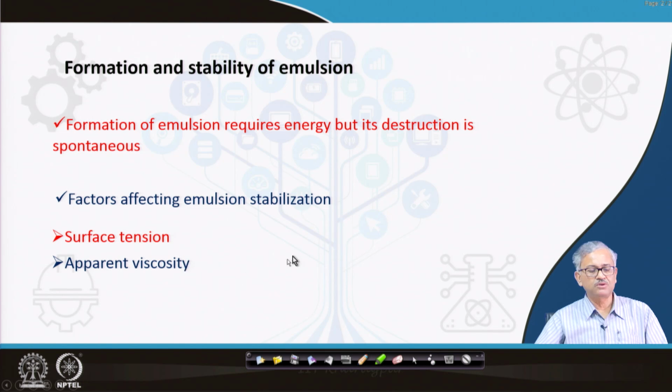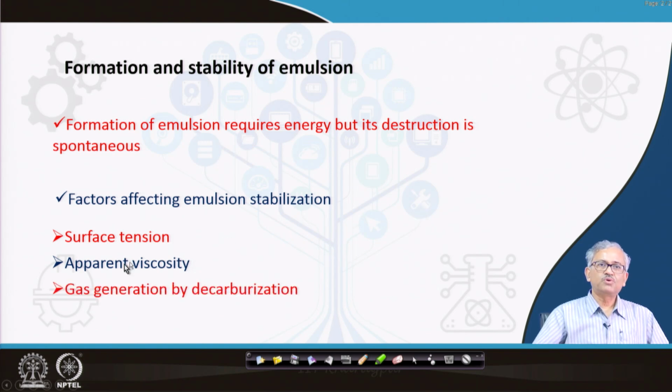So if viscosity is high, that will restrict the velocity of the liquid droplet, because once the droplet goes up, it will try to come down to the parent metal phase under gravity and join the parent phase. So if the viscosity of the emulsion is high, the downward velocity of the metal droplet will be reduced, and its residence time will increase. So higher apparent viscosity means the residence time of the metal droplet will be higher. Lower surface tension means the total energy of the emulsion will reduce, so its stability will be more.